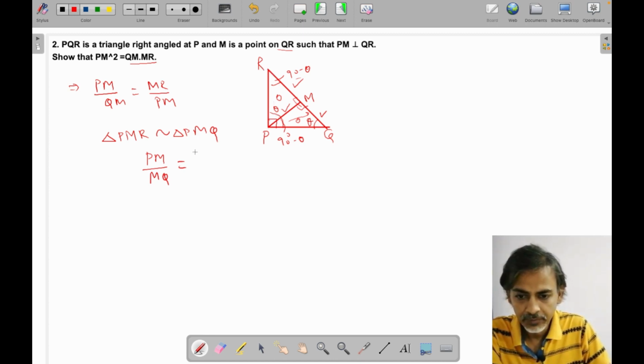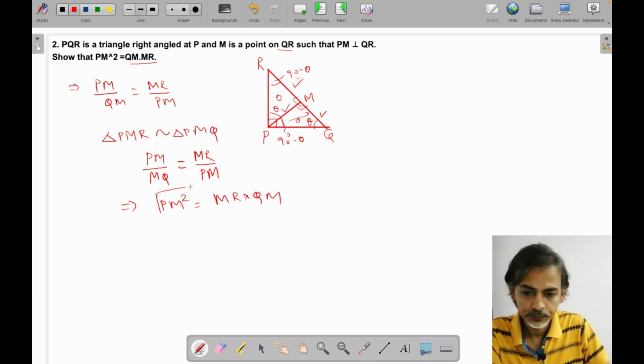So we will take MR, and in the other smaller triangle, again, what is the side opposite to theta? This is theta. So PM is again the side opposite to theta, right? So this is what we got. So we can write again cross multiplication. We can write PM square equals MR into QM. This is what we had to prove, right?